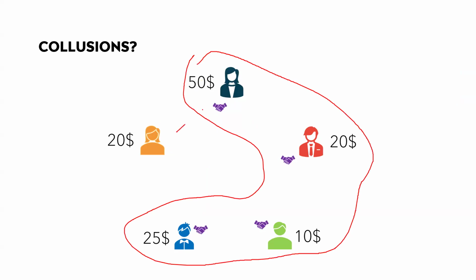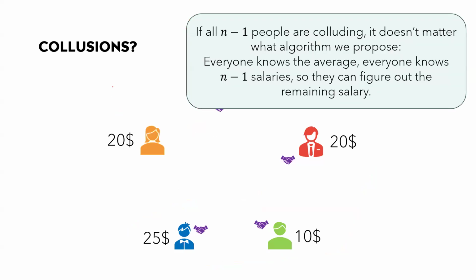Because you've sent your share to everyone, and you've kept the piece private for yourself, and you might think, okay, if I have my own value here, they can't figure it out, right? I argue that in the n-1 case, it's basically impossible, because if all n-1 people are colluding, it actually doesn't matter what algorithm we propose.